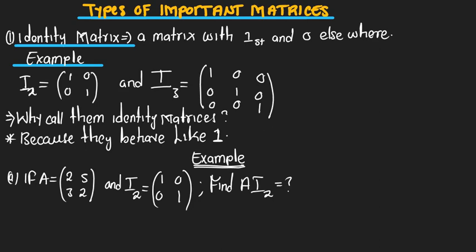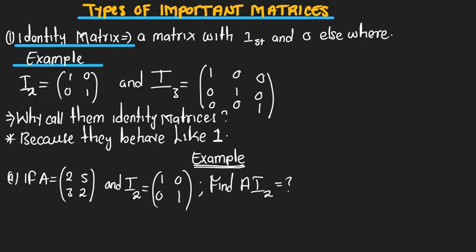Now, we've got two types of important matrices I want you to know, and that is the identity matrix and the transpose matrix. The transpose matrix, I think I've talked about it already. An identity matrix is a matrix whose first digit is a 1 followed by zeros.